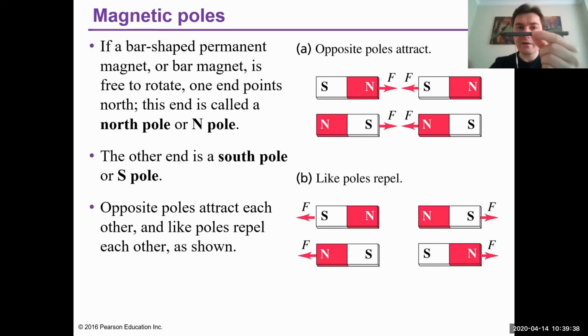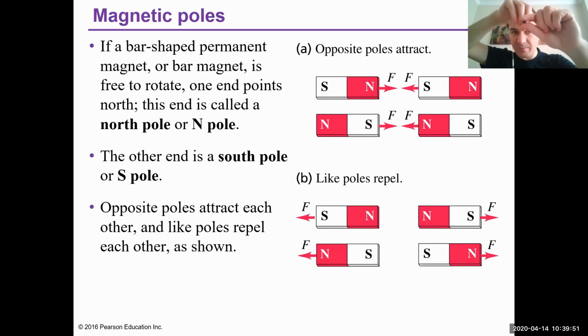And then you suspend that bar magnet with a rope, for example, and it is free to rotate around itself. So if it is free, one end of that bar magnet will always show the north pole of the Earth, okay? And the other one will show the south pole of the Earth, like the compass needle, okay?